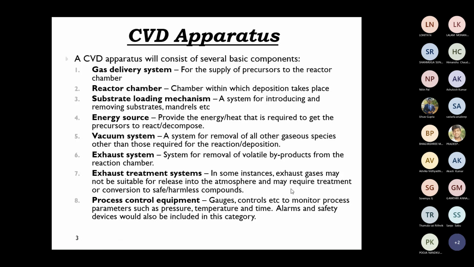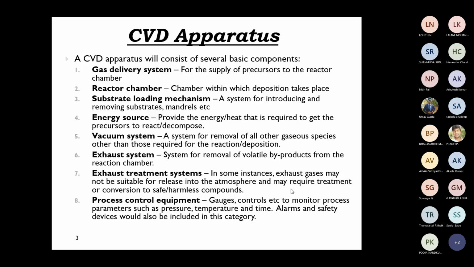Like I told in the last class, in CVD most of the inlet gases are toxic, so we need to handle them very carefully, and some unreacted gas will be released. We have to check those parts very carefully. The operators should not inhale them, and the outlet should also be handled properly.